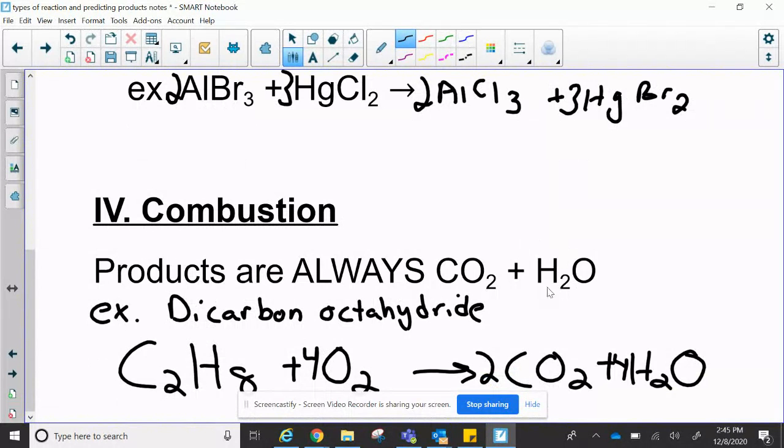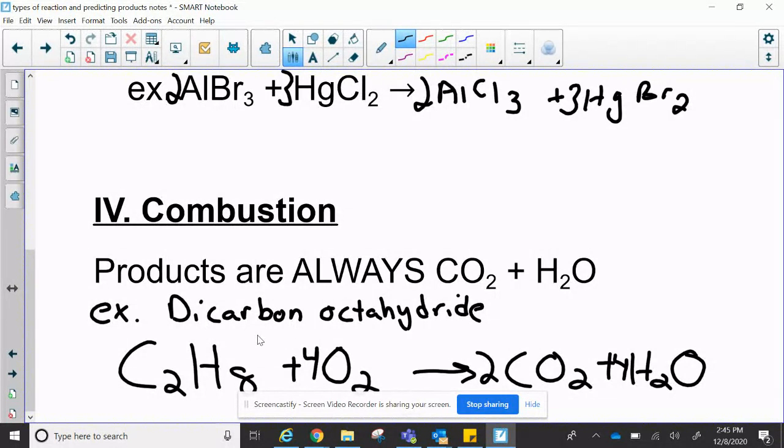Let's talk combustion. In combustion, your products are always going to be carbon dioxide and water. Anytime you start with C's and H's and O's, you've got a combustion reaction, okay? So this one starts with dicarbon octahydride, C2H8. Oxygen is always going to be a reactant.